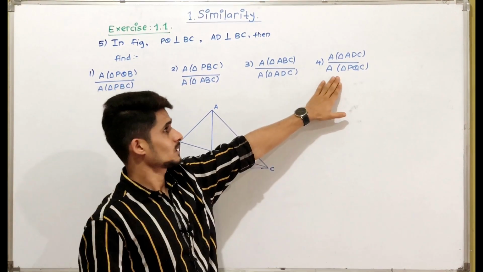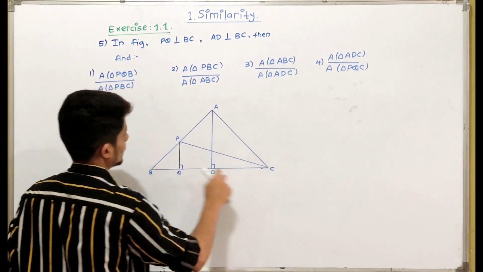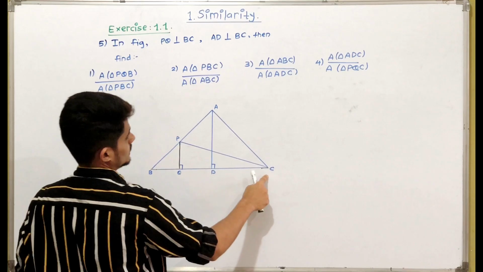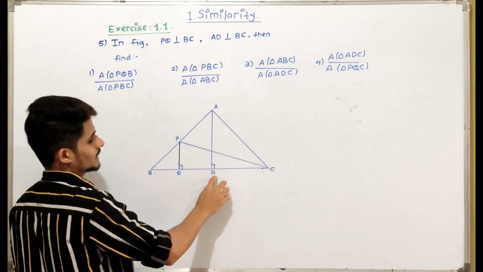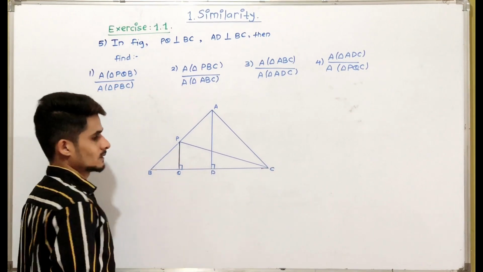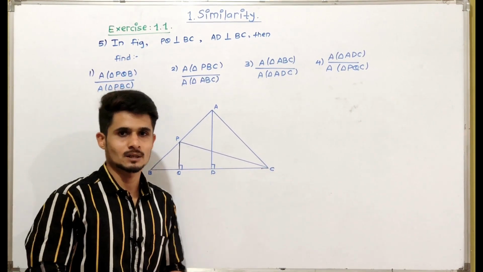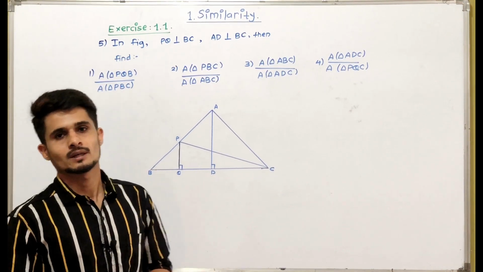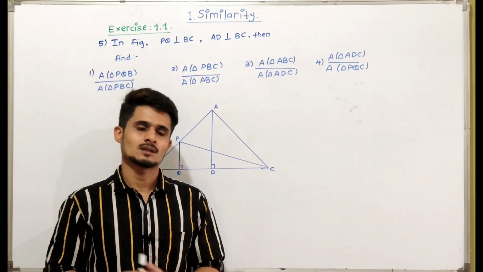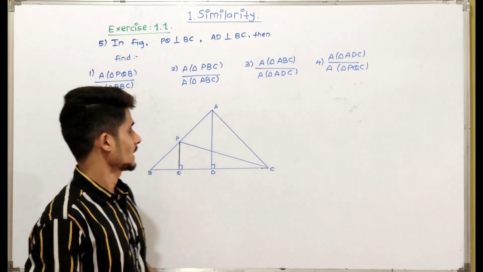And the last one is triangle ADC and triangle PQC. In triangle ADC and triangle PQC, there is nothing common, so find it with the first property, that is ratio of area of two triangles is equal to the product of their corresponding bases and height.